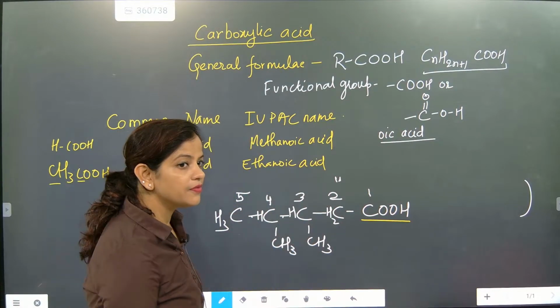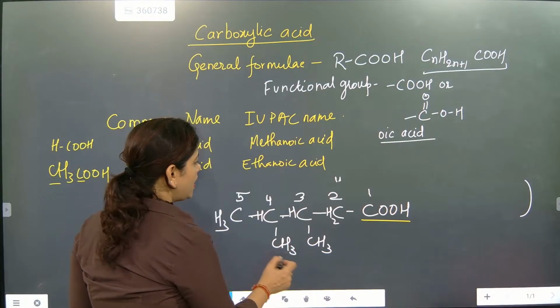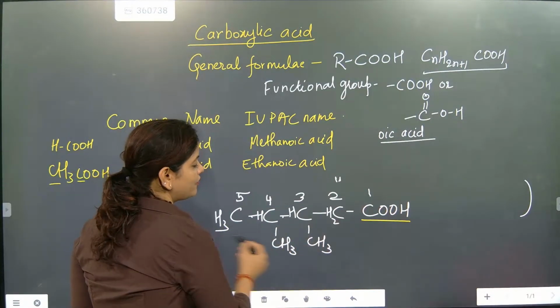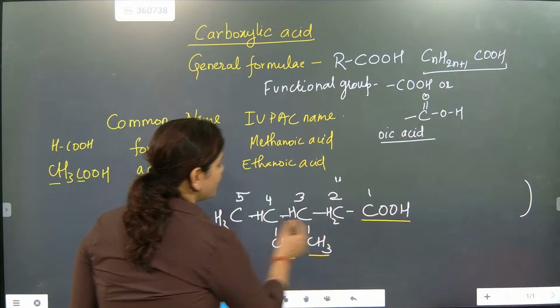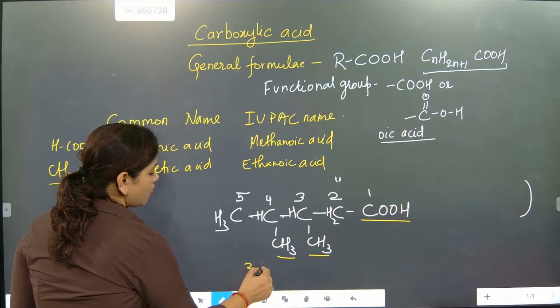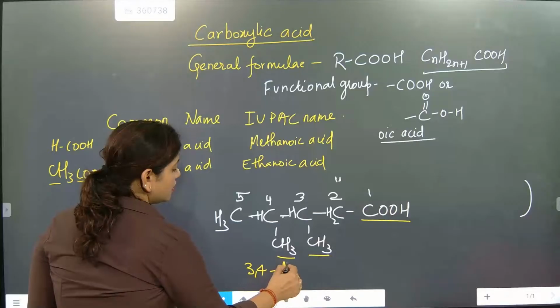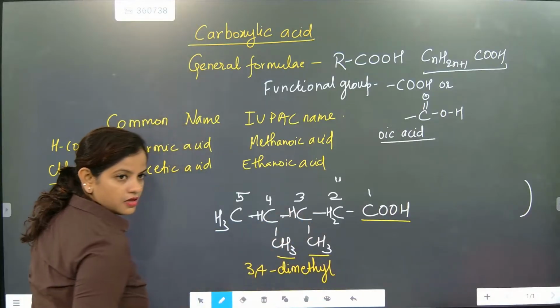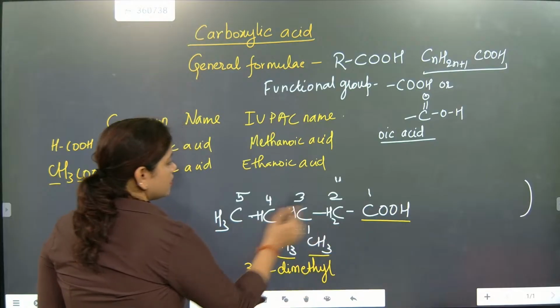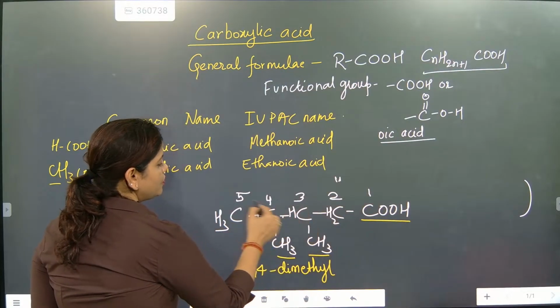Got it? From there you can't read, na? From here you have to read. This is priority. So what do you say from here? 3,4-dimethyl, okay, methane, ethane, propane, butane, pentane.